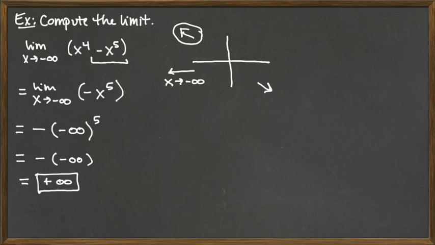So that's why I utilized this idea that the highest power term for a polynomial is the one that's dominating. It's the one that's dictating the end arrows. So anytime you're looking at end behavior, meaning x going to positive or negative infinity for a polynomial, it is that highest power term that you are looking at to find out what your answer will be.